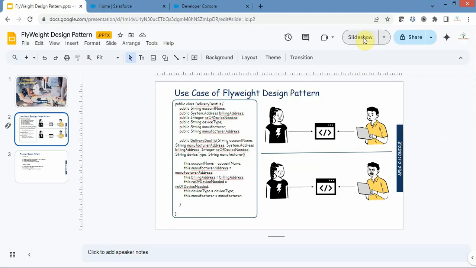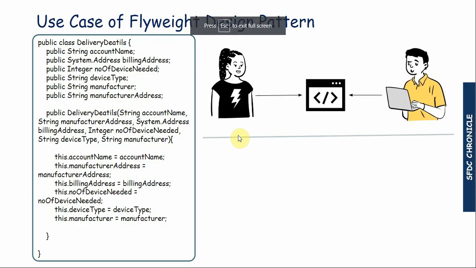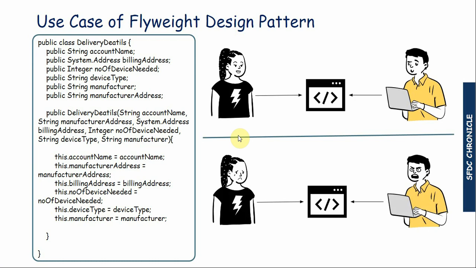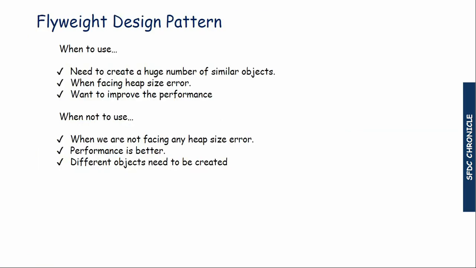So before ending this video, I just wanted to show you where we need to use flyweight and where we do not need to use flyweight, because there is no need to use the flyweight every time, unless we need to create a huge number of similar objects, when we are facing a heap size error and we want to improve the performance.